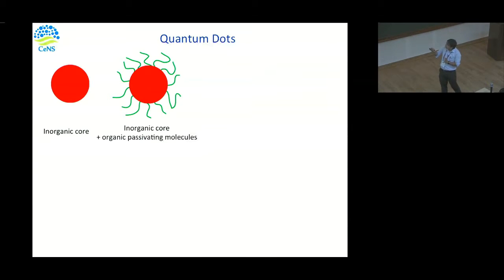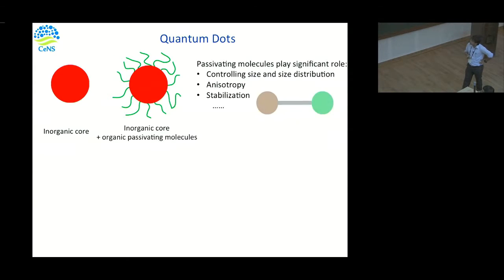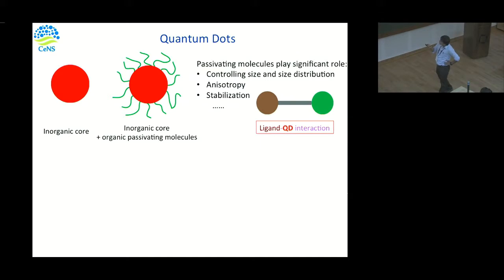So they bring new properties along with the inorganic core material. They control the size and size distribution when we are synthesizing the inorganic core. They can modify the anisotropy, and they help in stabilization. So basically we can think of this as the quantum dot, the ligand part, and this as the quantum dot, and these interactions control a lot of these properties.